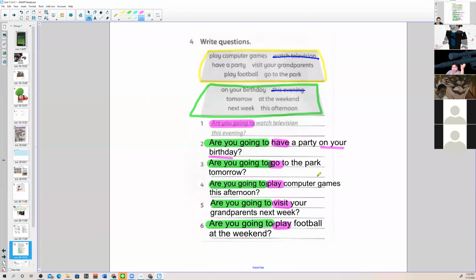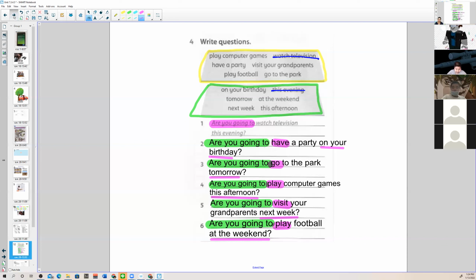Understand? Can I move on to the next exercise? Right, okay. Next page, it is on page 67 in the activity book.